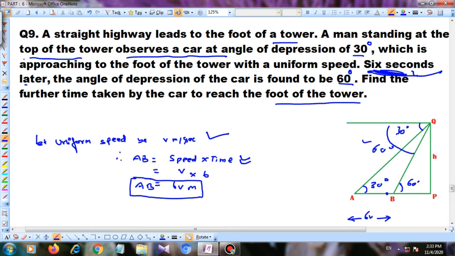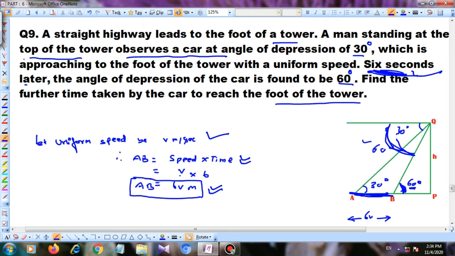So AB distance will be 6 into V, means AB will be 6V meter. Clear? So after traveling 6V meter distance by the car, the observer observed the angle of the car is 60 degree, right? So this angle is 60 degree. Clear?